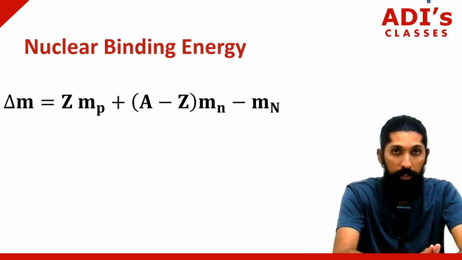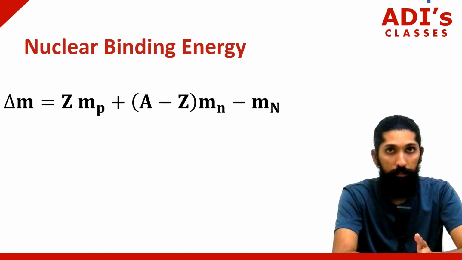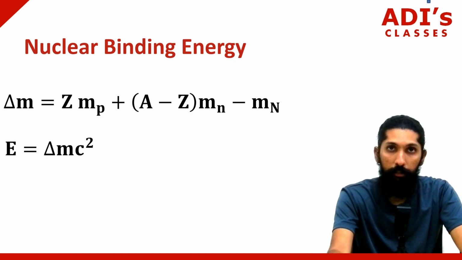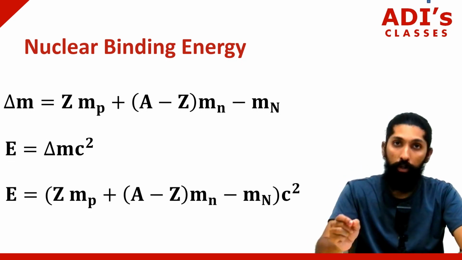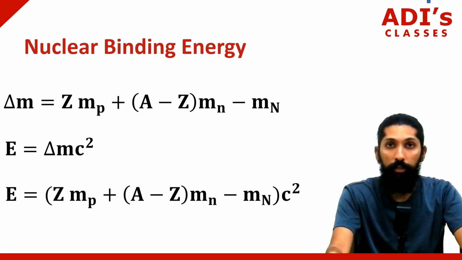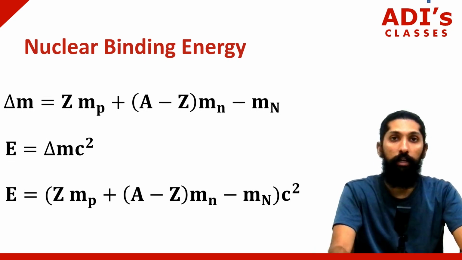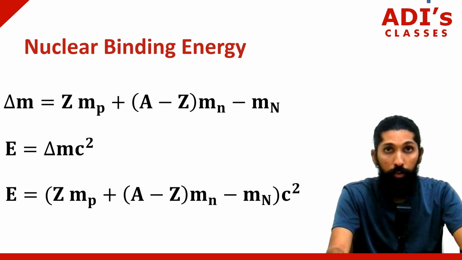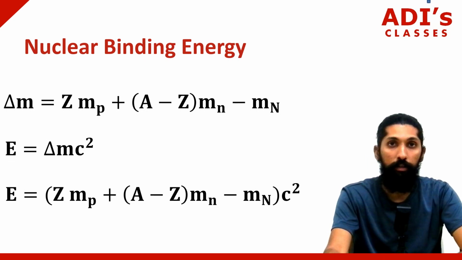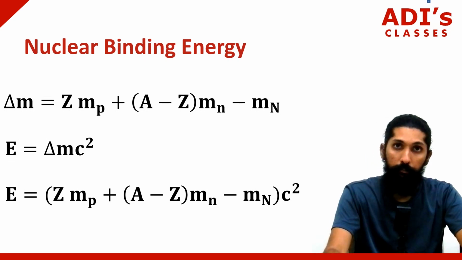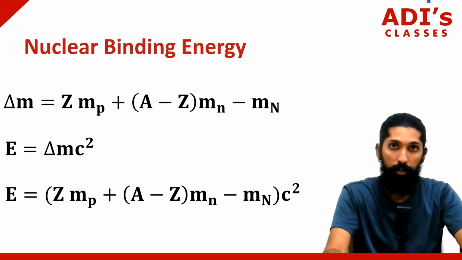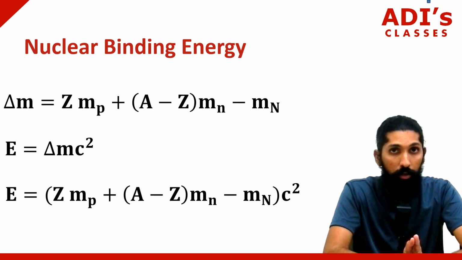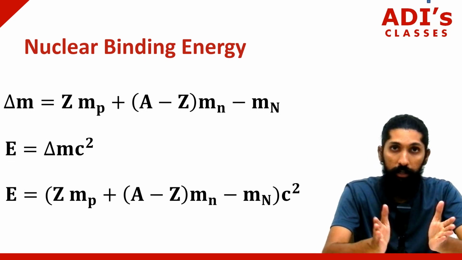So binding energy is equal to delta m, that is, Z into mp plus (A minus Z) into mn minus MN, into c square. Whatever mass defect we have converts into binding energy. If you have 0.2 AMU as the mass defect, multiply that by c square, and that gives you the binding energy of the nucleus. Okay? This is the concept of nuclear binding energy.